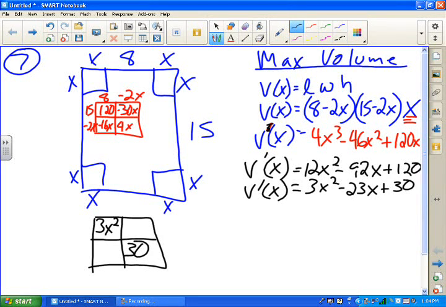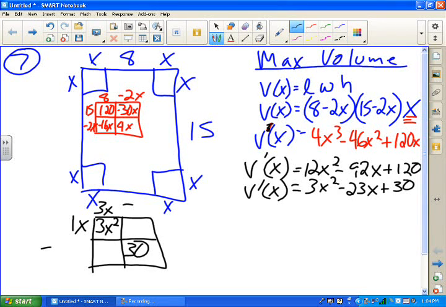Well, 3 is a prime number, so one of these has to be 3x and the other one has to be 1x. And I've got a negative number in the middle, so both these terms are going to have to be negative because that's what makes my last term positive. Now I've got to guess and check. 3 and 10, 2 and 15, or 5 and 6 are the factors of 30. And I just have to figure out which combination of those will give me that middle term of negative 23x.